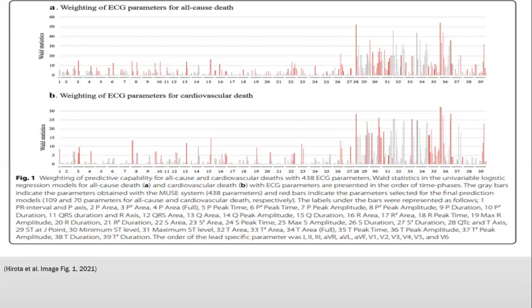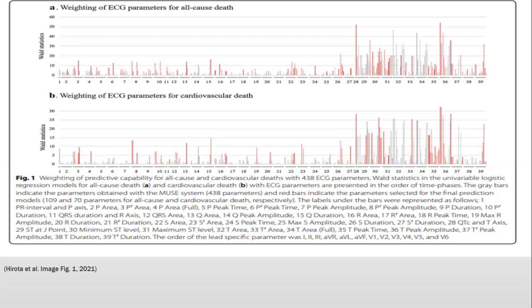So in this study we're looking at, they developed this predictive model for the cause of death using this 12-lead ECG set of parameters. They selected the parameters for the model from among hundreds of these automatically measured ECG parameters.